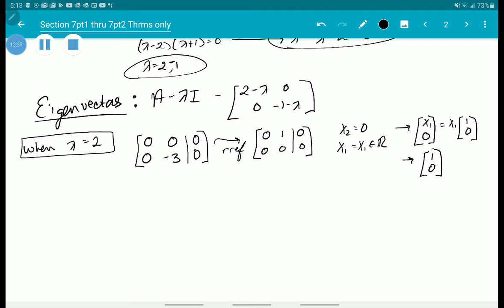So why is this the eigenvector? Because it satisfies the definition where AX is equal to lambda X. So if we were to check that here, our X is 1, 0. Our lambda is 2.